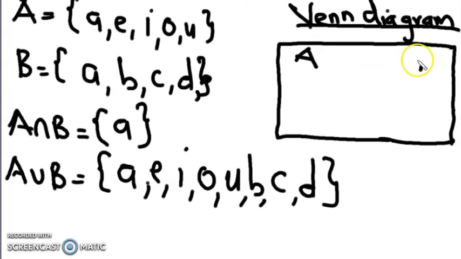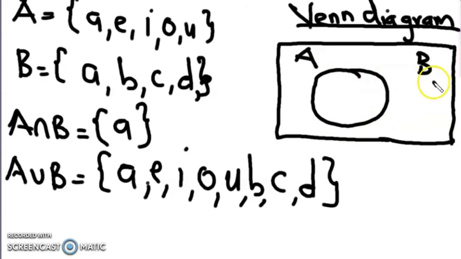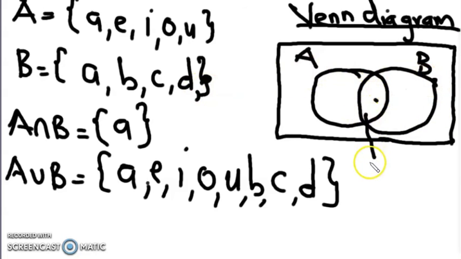Now we are going to use a circle. You could use any figure. In my case, I'm using a circle to represent the set A, and then a circle to represent the set B. Now, where these circles meet is called the intersection, meaning they are the elements that are in both A and B. And here, our intersection was A, so we put A here. All the elements of A are supposed to be in this circle.